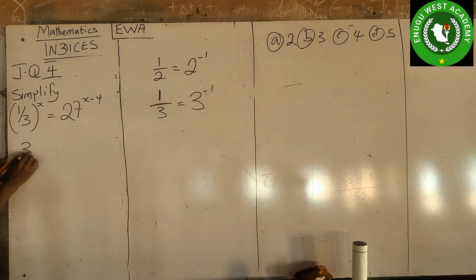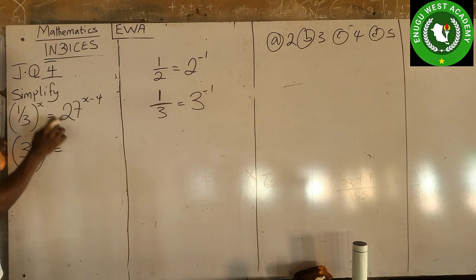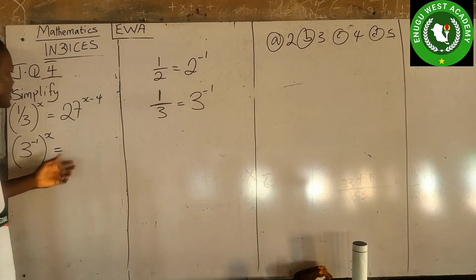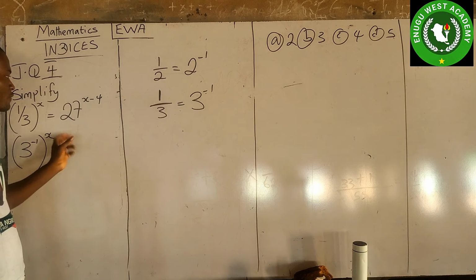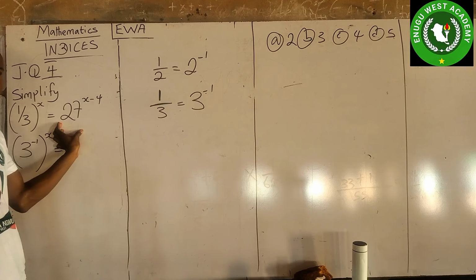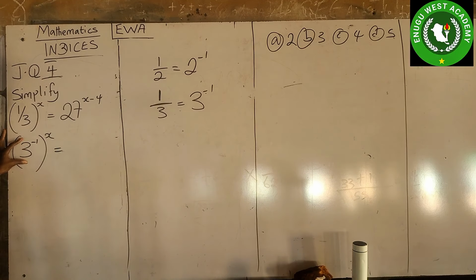We can also write 3 raised to power minus 1, in brackets, raised to power x, will be equal to, remember, 1 over 3 is 3 raised to power minus 1, in brackets, raised to power x is equal to. Now, ask yourself, is there any number you can raise another number to give you 27? By looking here, we are seeing 3.